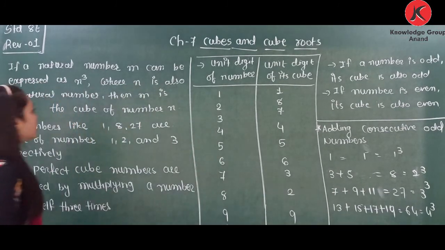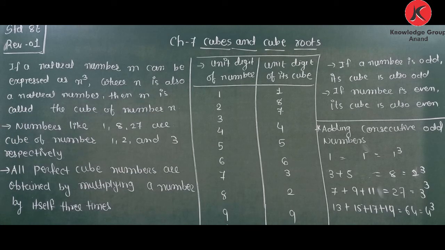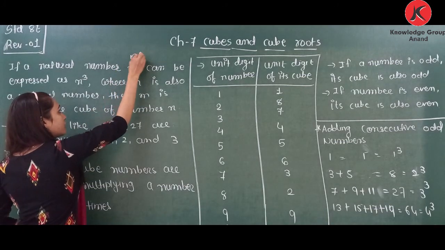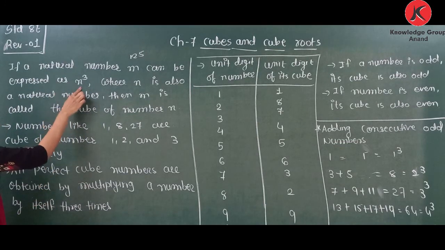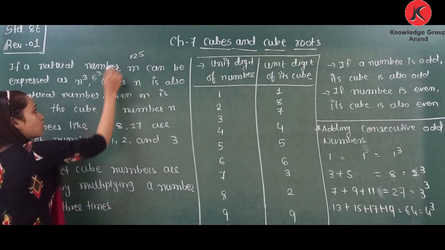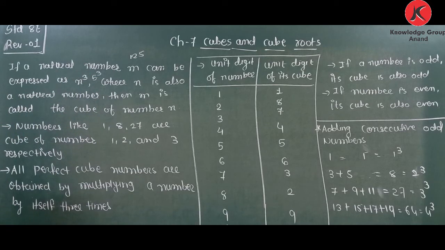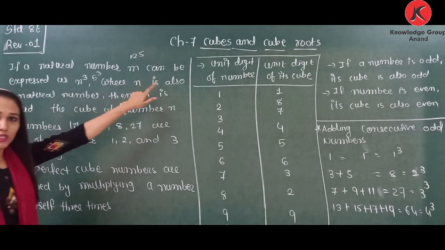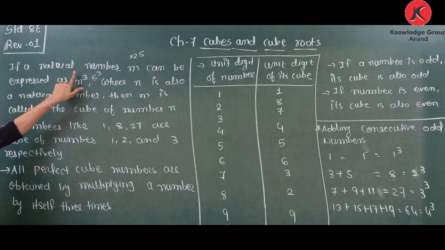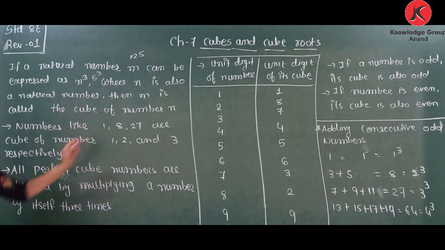Clear? If you want to write the definition of cube: if a natural number m can be expressed as n cube, where n is also a natural number, then m is called the cube of number n.